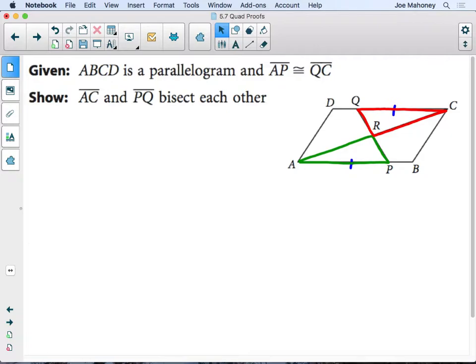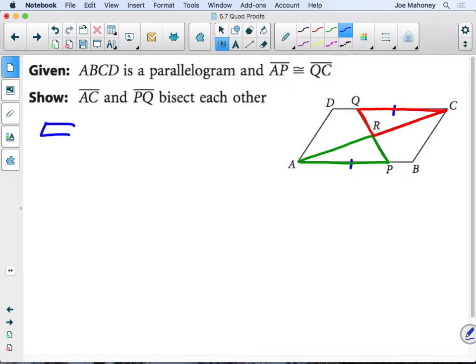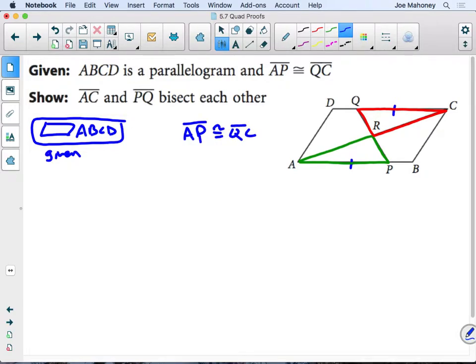So let's use the fact that we're given a parallelogram. So again, we're going to start by writing down our givens. So I'm given parallelogram ABCD. And now let me use the fact that it's a parallelogram to get some other things that are true. So for example, my given is that AP is congruent to QC. So there's one pair of sides.